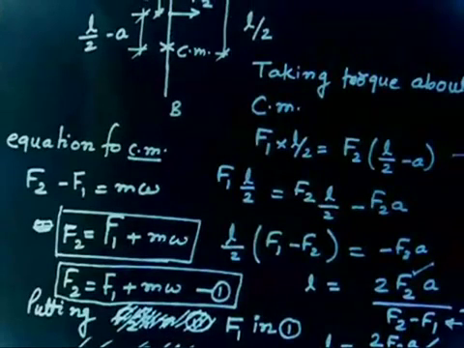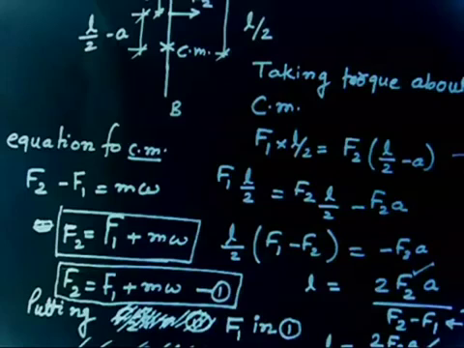So what we have learned from this problem? We have learned that in any problem that does not have rotational motion, torque is equal to 0. That is one point. What is the next point we have learned? We have learned that sometimes I can even find the unknown that is not obvious.